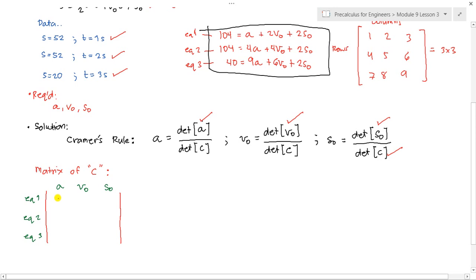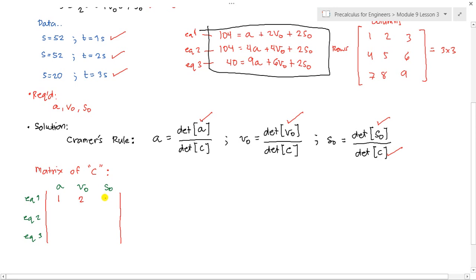From the given, what is the coefficient of A at equation 1? Okay, 1. So put 1 here. How about for the velocity at equation 1? Okay, 2. How about the initial height at equation 1?